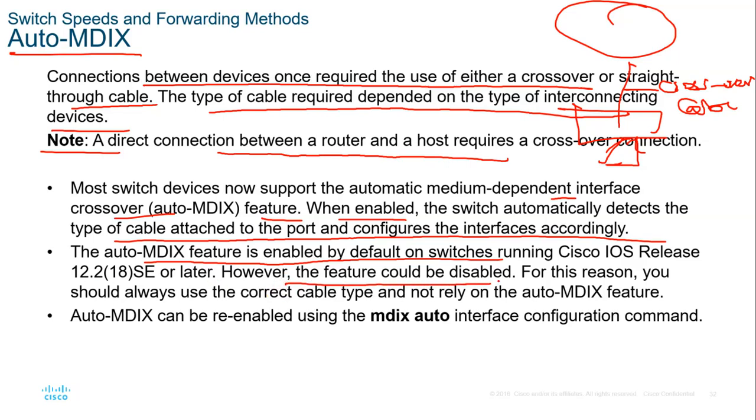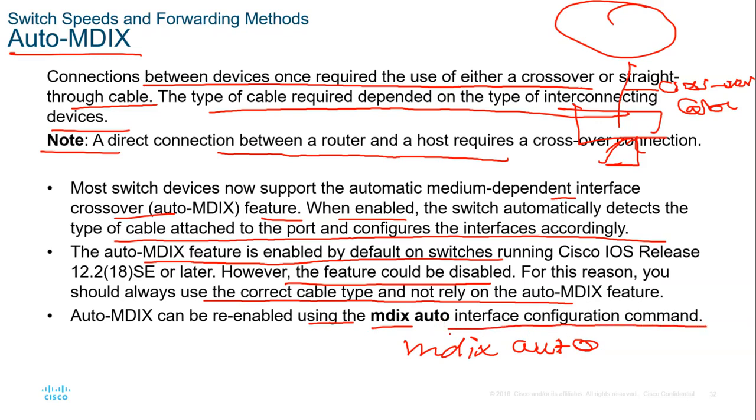You can disable it. For this reason, you should always use the correct cable type and not rely on auto-MDIX. If it is disabled, then you have to use the correct type of cable: if the devices are the same, you use crossover; if they are different, you use straight-through. Auto-MDIX can be re-enabled using the mdix auto command in interface configuration mode.